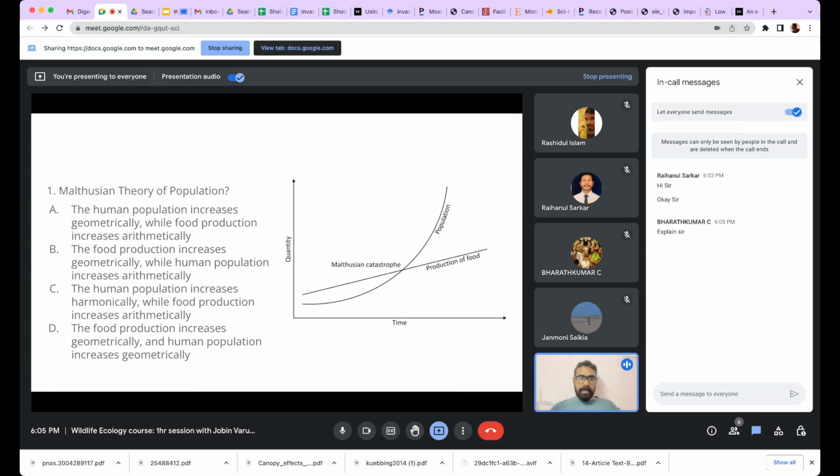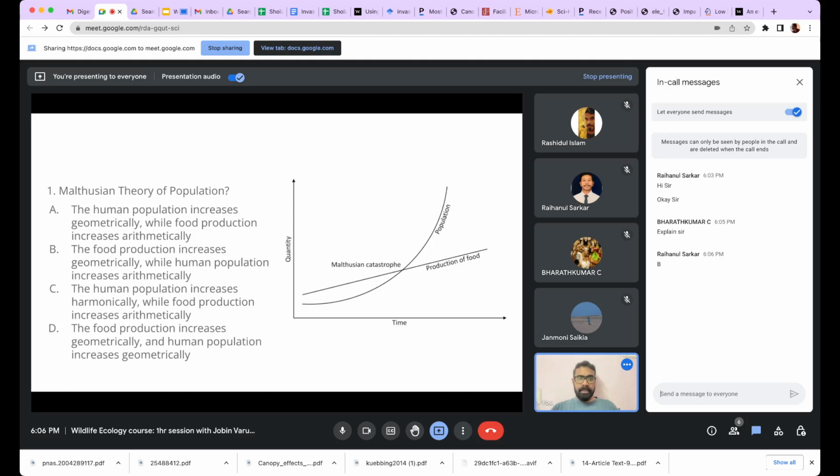I can't explain further. You can read the options. I can't explain further because that would be just giving out the answer. So there is a theory of population that is called the Malthusian theory of population. I think Malthus came with that theory in the 1700s.